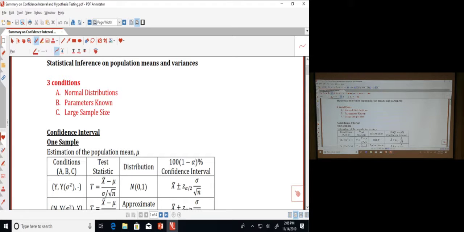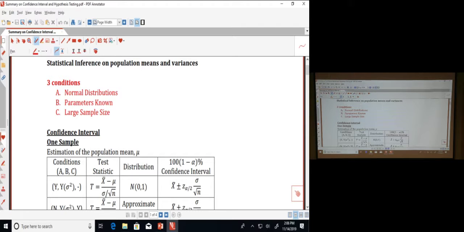So when I say yes, sigma square, that means sigma square is known. Then the test statistic should be very familiar. It's x bar minus mu, the difference between your estimate x bar and the parameter mu, divided by sigma over root n, which is the standard error of x bar.